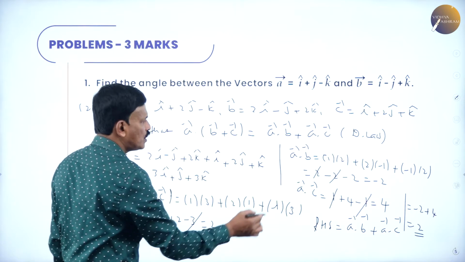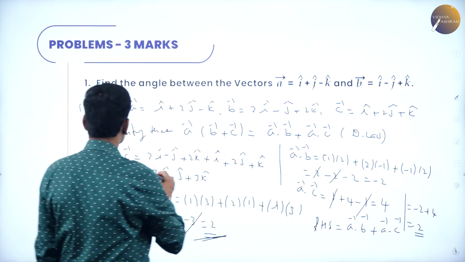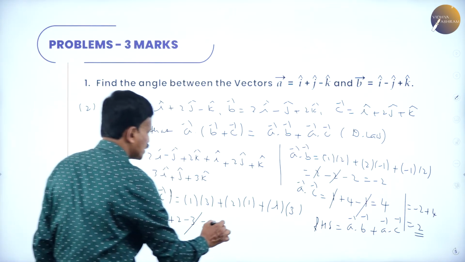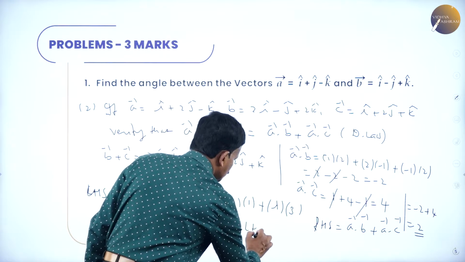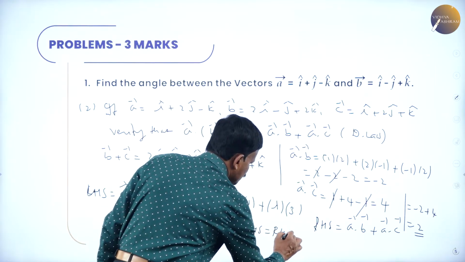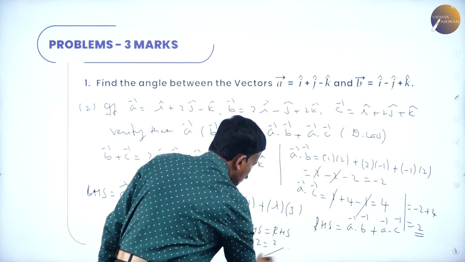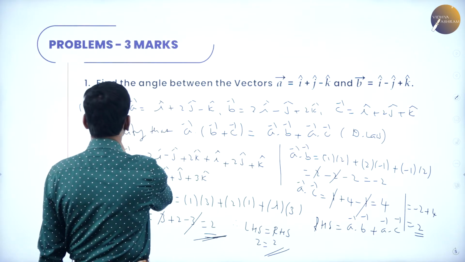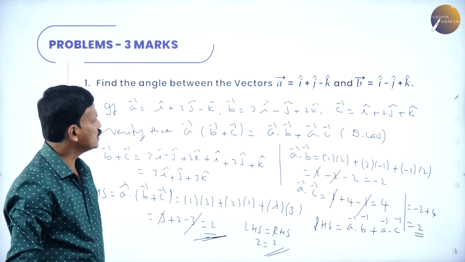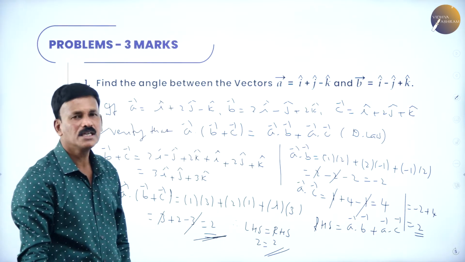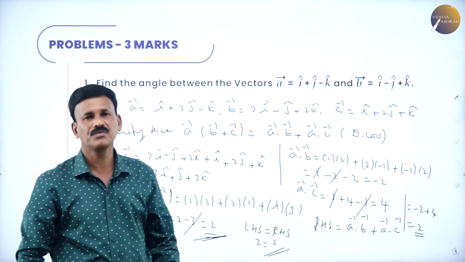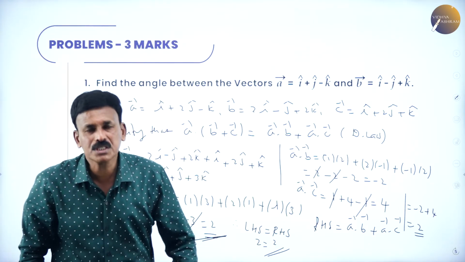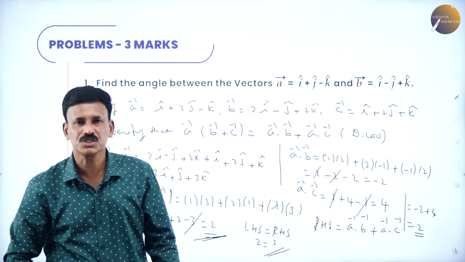LHS is plus 2, RHS is also equal to plus 2. So therefore, from 1 and 2 we can say that LHS is equal to RHS. That is 2 is equal to 2. This property is satisfied. A dot (B plus C) is equal to A dot B plus A dot C. The distributive property is verified. So the dot product is commutative as well as distributive.